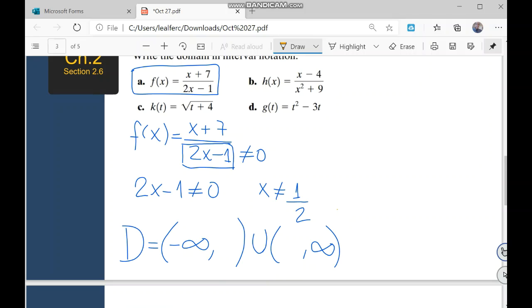The domain is going to be from negative infinity to 1 over 2, united with 1 over 2 all the way to infinity. So this is the answer. This is how you will define the domain, excluding just one point, the point where x equals 1 over 2. Make sense? Any questions?